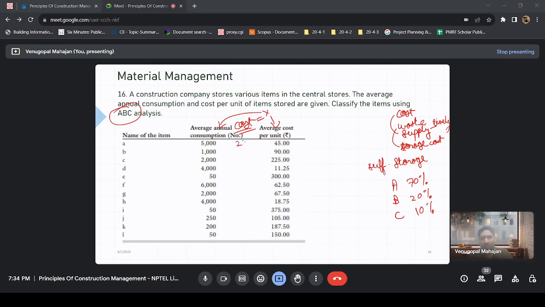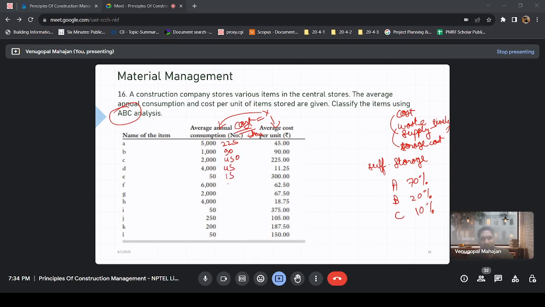2,25,000. Okay, 2.25. 90,000 is 0.9. Let's not make the mistake; we will be dealing in thousands. So this is going to be 225, right? Yes, sir. Okay, 90. Now 450. 45. This one 15.